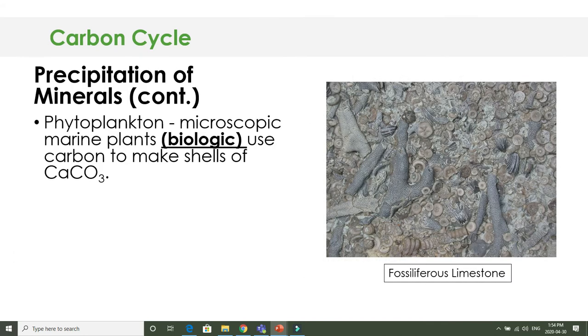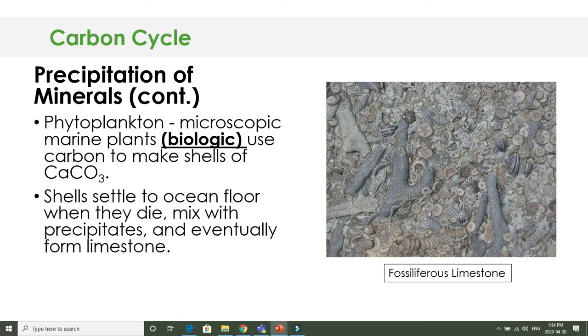So phytoplankton, little tiny microscopic marine plants, use carbon and make shells out of calcium, a mineral in the water.